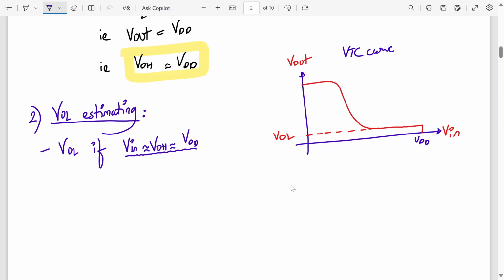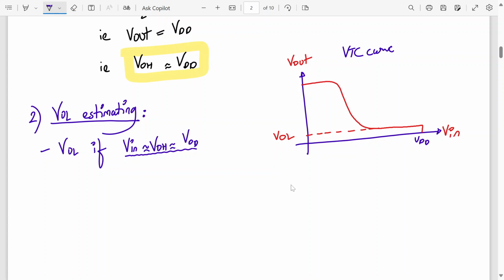So again, I'll ask you the same question. What is V out in this case? V in is almost equal to VOH, which is almost equal to VDD. So in that case, what is V out? Tell me the state.